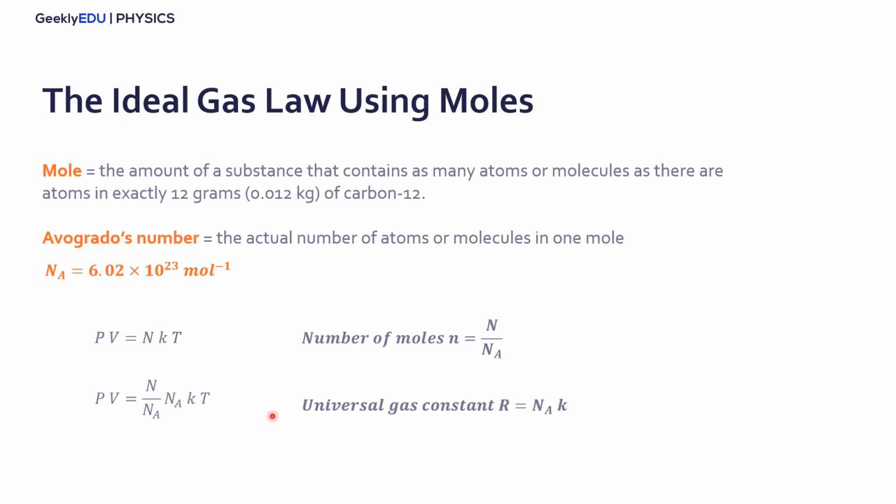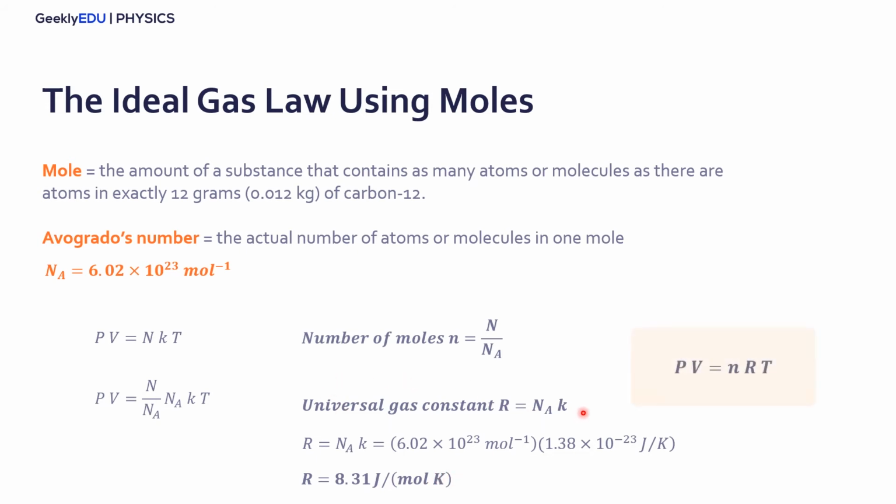And Na times K is what we call the universal gas constant R. We can calculate this R over here. So we have the Avogadro number and we have our Boltzmann constant. Okay, we're just multiplying two constants and it gives us 8.31 joules per mole Kelvin. Okay, this is the universal gas constant.